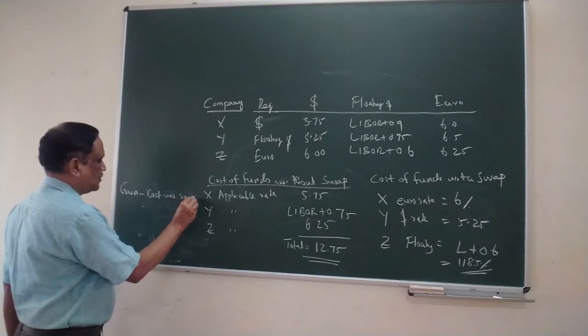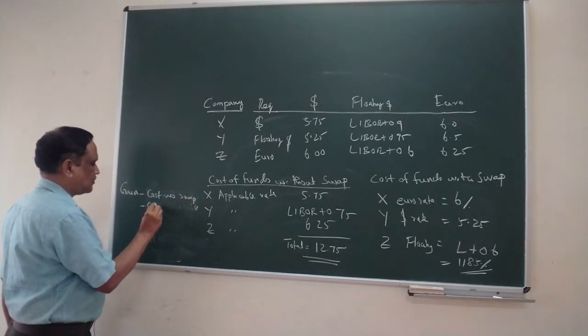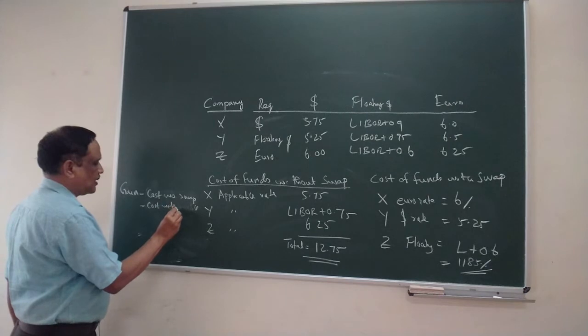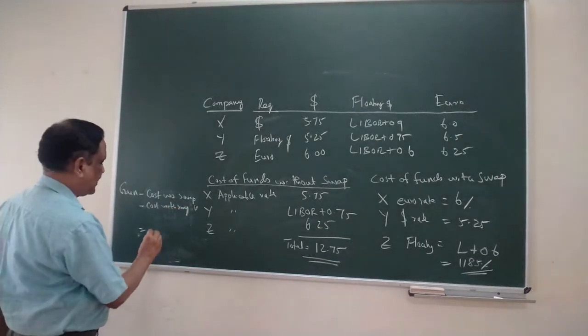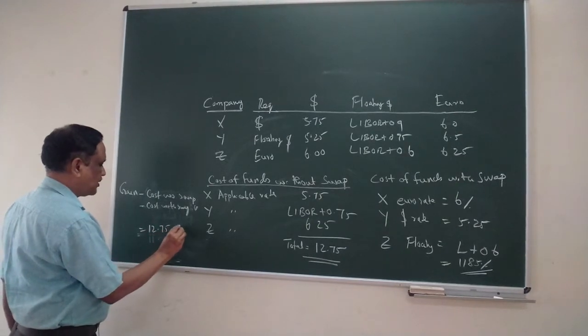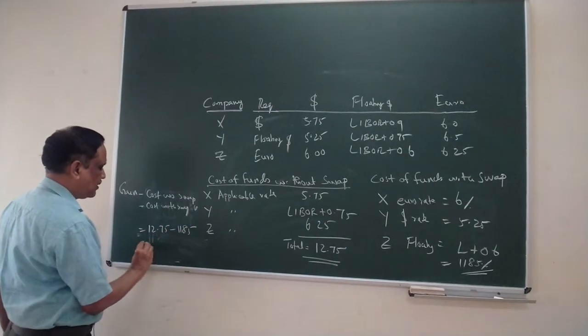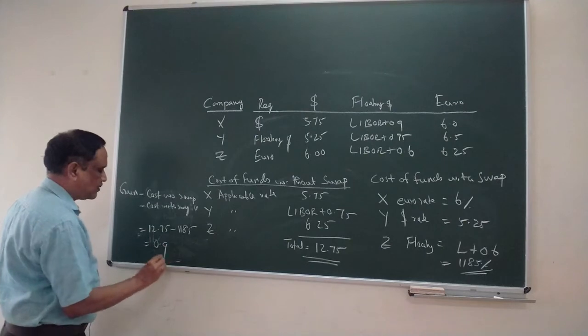That would be 12.75 minus 11.85, which is equal to 0.9.